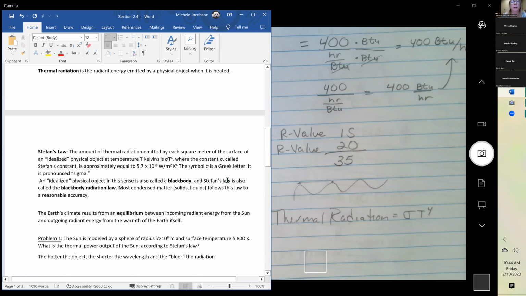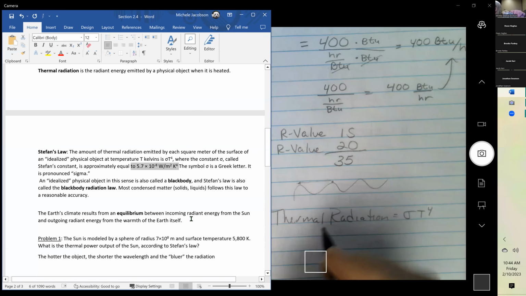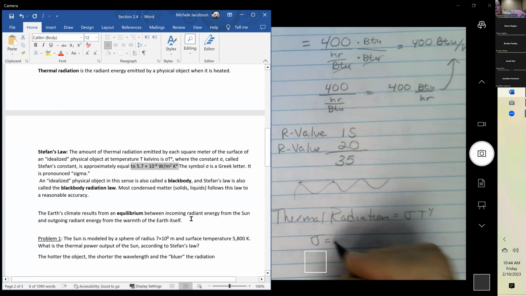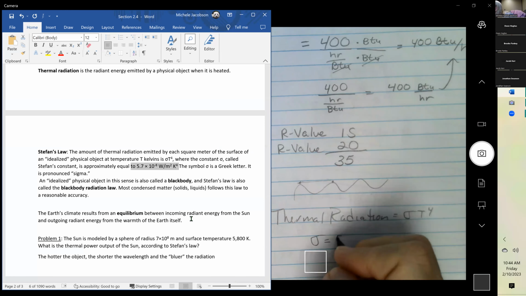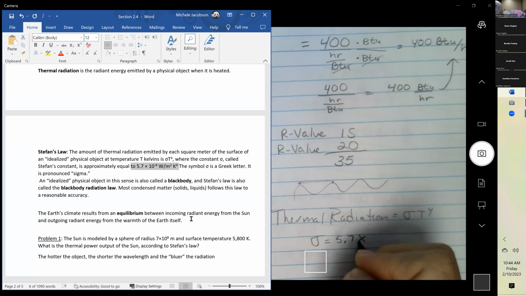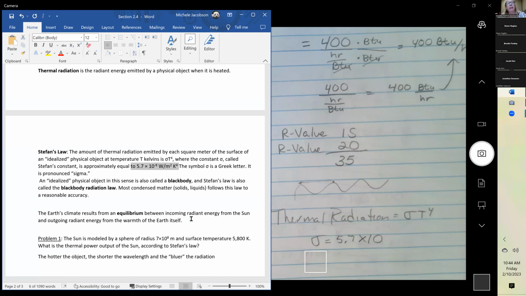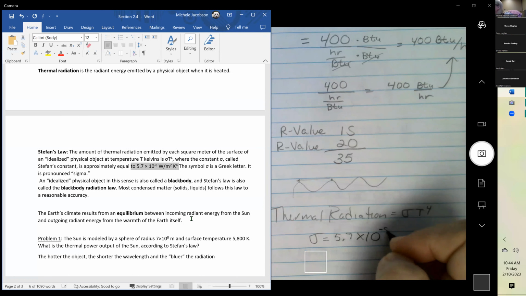This sigma is a constant, and it will always be, unless there's a different problem set up, but according to Stefan's law, it will always be this. So your sigma is 5.7 times 10 to the -8. Now this is a -8 in the exponent, so be careful.